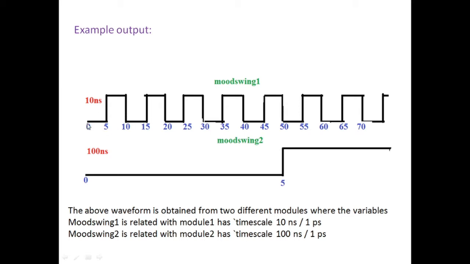So from 0 to 5 microseconds, mode swing 1 activity or the event is taking place 10 times for a single event occurrence in your mode swing 2. So at 5 microseconds, mode swing 1 is coming from logic 1 to logic 0. At 5 microseconds, mode swing 2 is coming from logic 0 to logic 1.